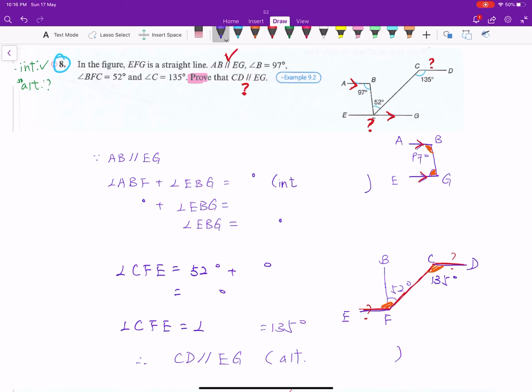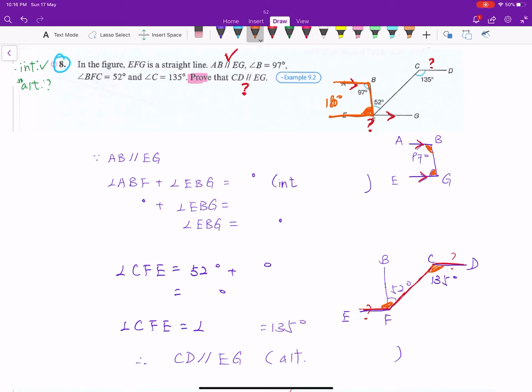First, we use the parallel lines AB parallel to EG, and we can find that there's a U shape here. So we can use the interior angles, sum up to 180 degrees, to find angle EFG, this angle.